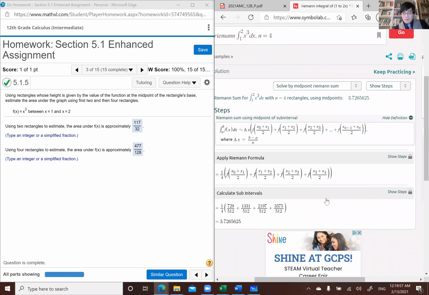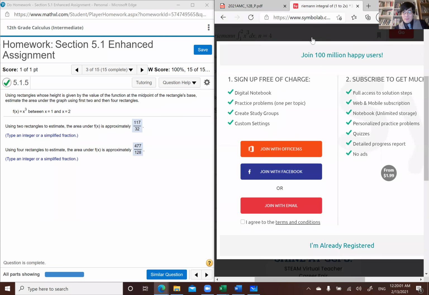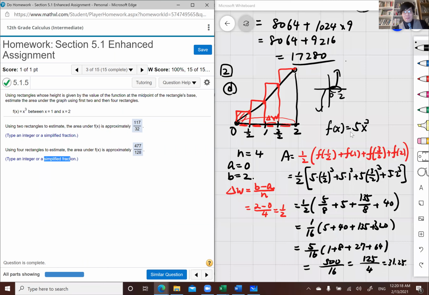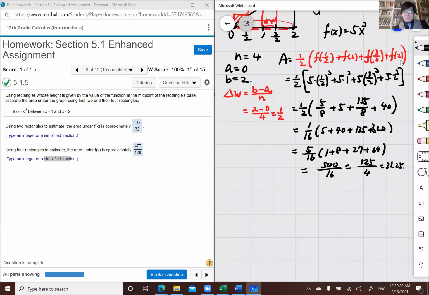Not too sure how to do it. I guess I had to pay for something maybe. Well, this is the answer, but I had to answer it in fractions. So maybe I had to use some other calculator to do it. Well, let's do it by hand.